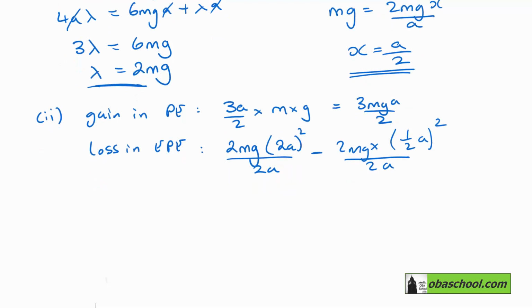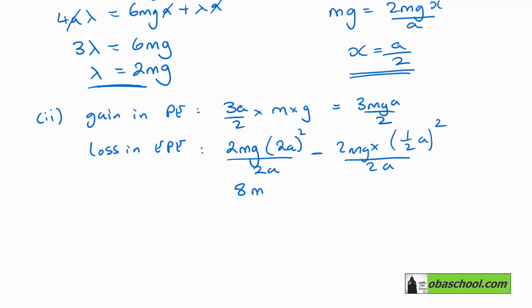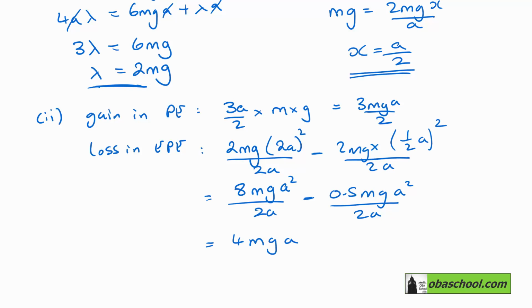So we just need to do some algebra here. And that is going to give us 8mg a squared over 2a. Take away 0.5 mg a squared over 2a. So that is 4mga, take away 0.25 mga, which is 3.75 mga.